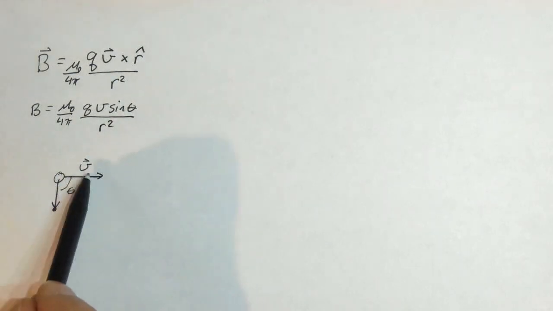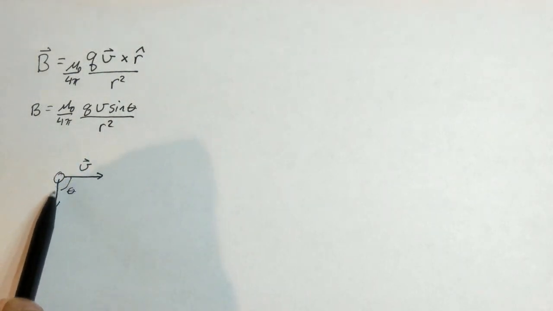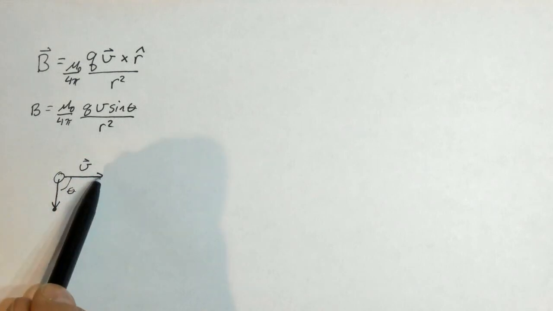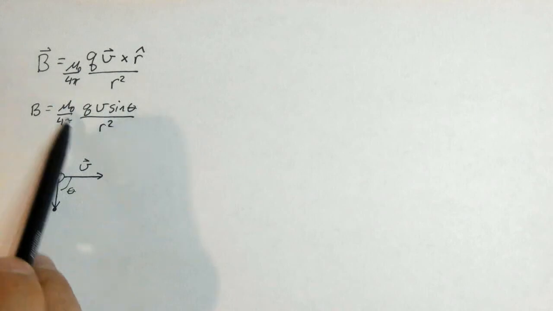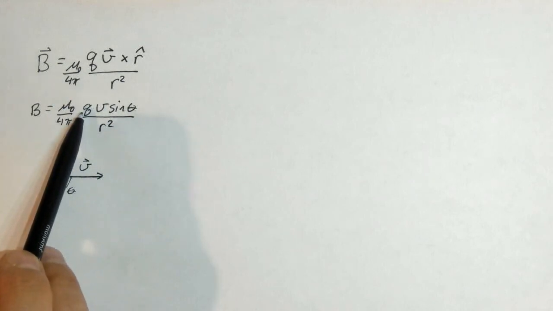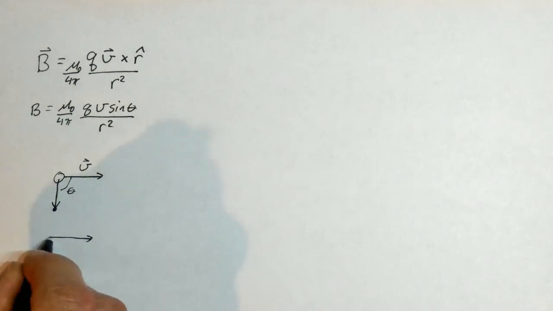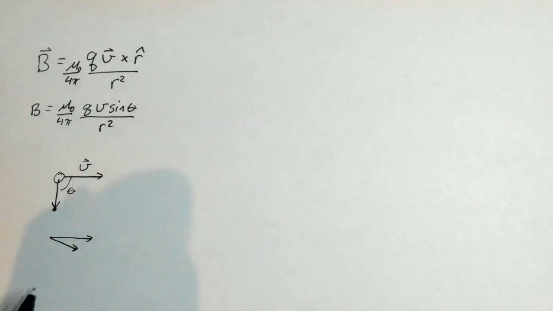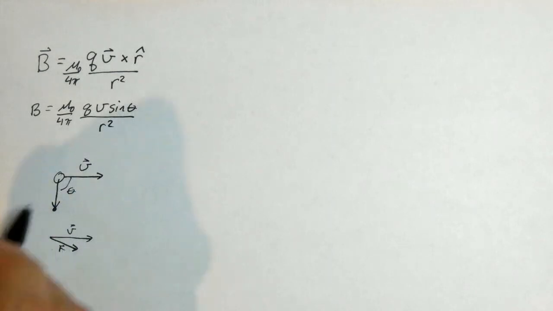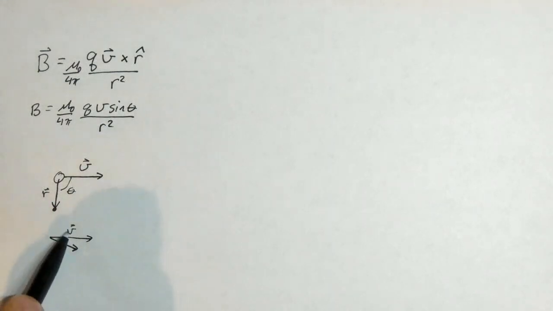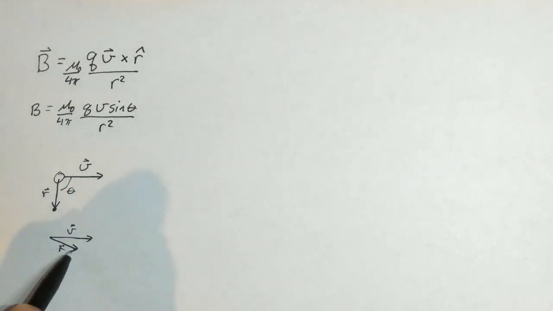So when you measure at positions that are perpendicular to the velocity, then you're going to maximize the magnetic field of this moving charge. But if it's not perpendicular, if this is your velocity and that is your r, then you're going to get a very small magnetic field.